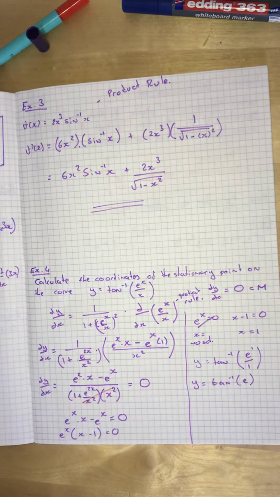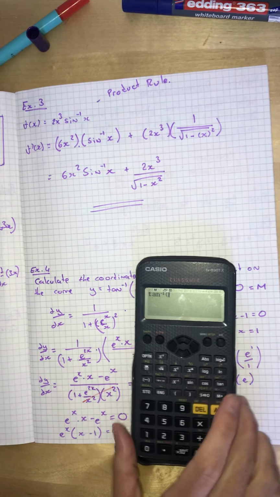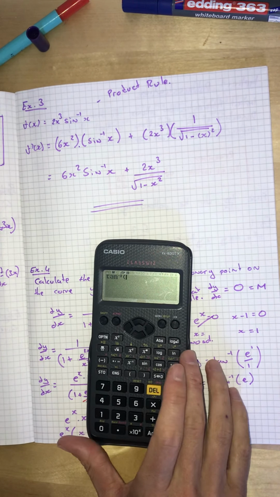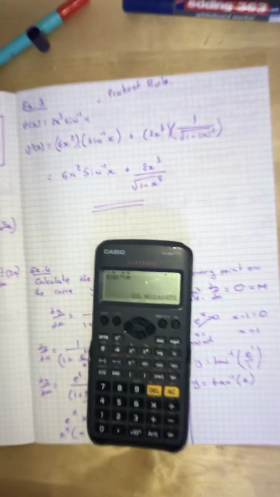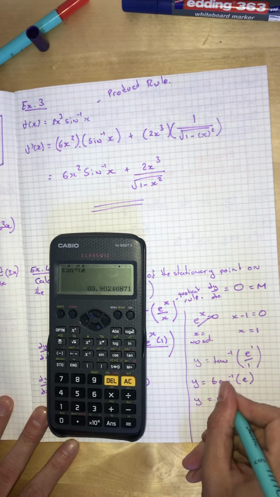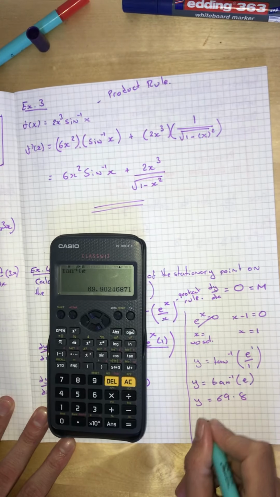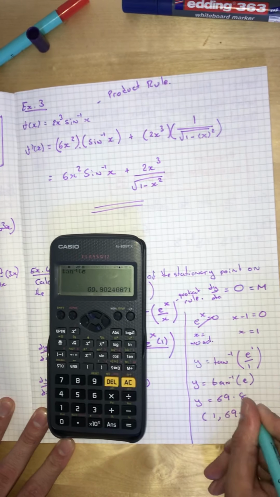Shift tan, e, which is alpha, there, 69.8. So our coordinates are (1, 69.8).